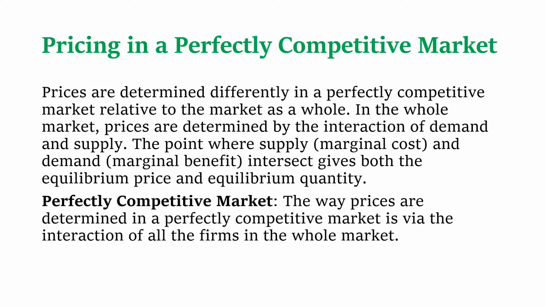So if it decides to sell more by increasing the price above the equilibrium price, the price set by the market or the industry, it is going to lose a lot of customers. The reason is that there are many farms in the market selling the same commodity that it sells.